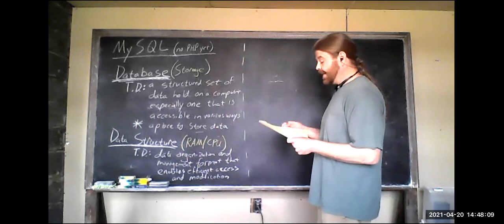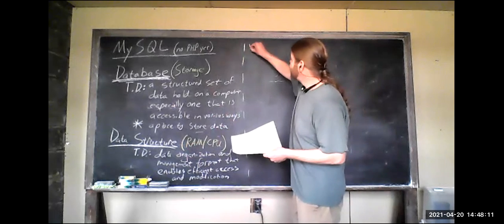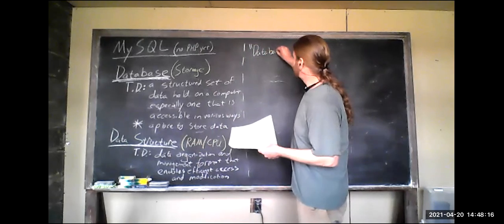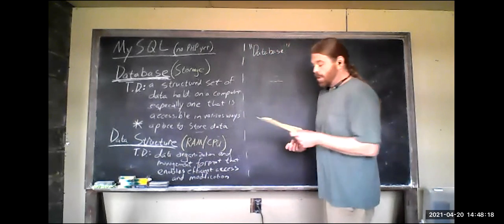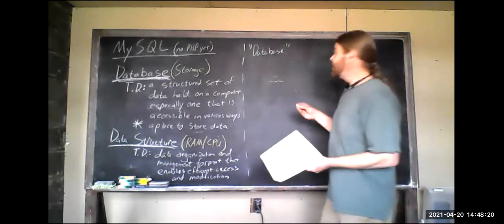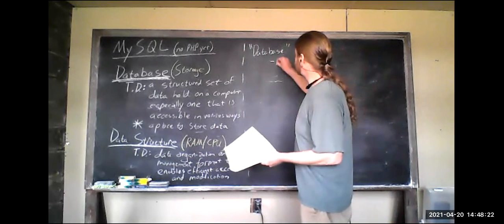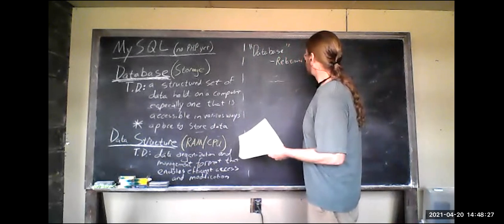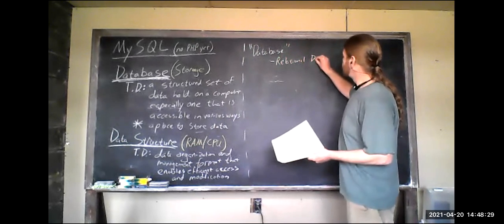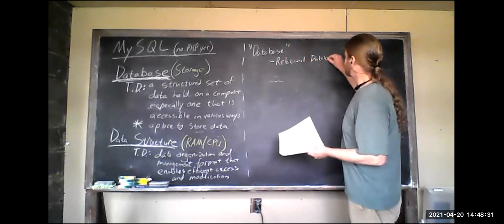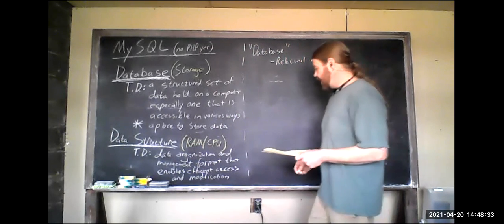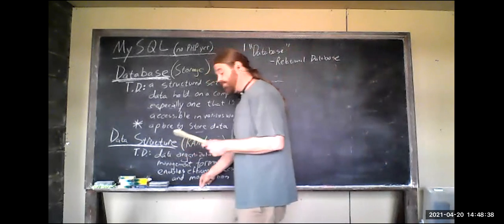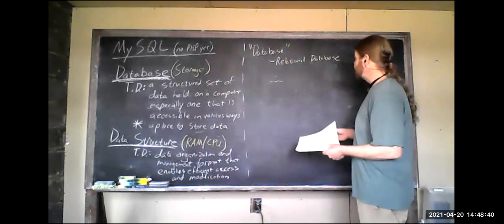So when we say "database," and I'm going to put it in quotes this time, we're usually referring to a relational database. And that is, everything is kind of related to each other.